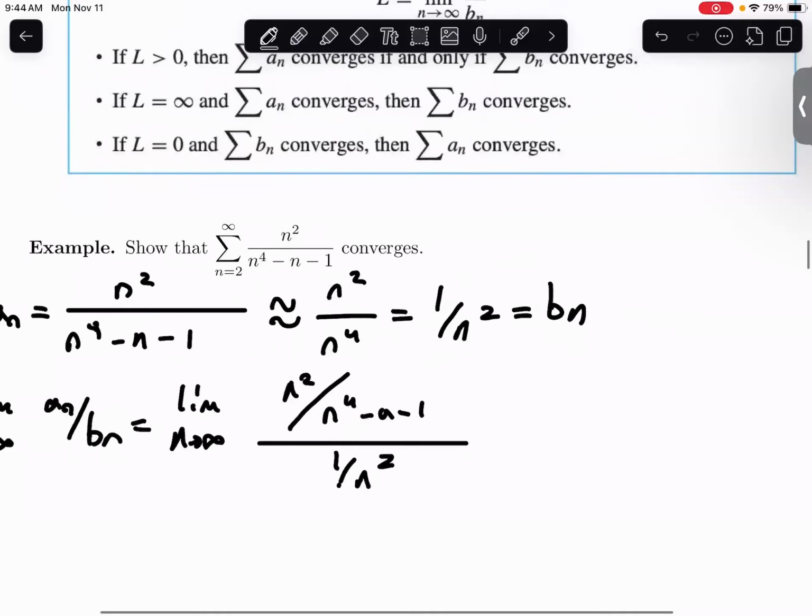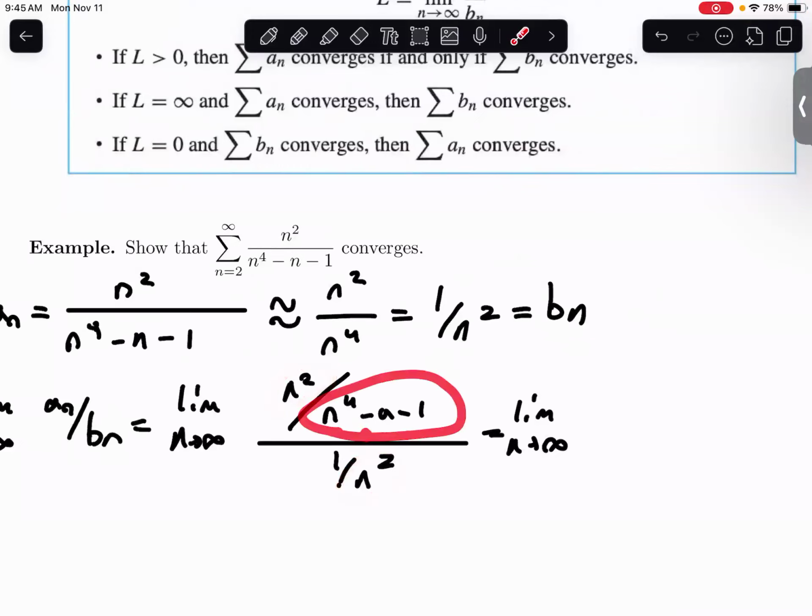Before doing the limit, let's simplify things a little bit. This is the same thing as n squared times n squared over n to the fourth power minus n minus 1 times 1. So this ends up being equal to n to the fourth power over n to the fourth power minus n minus 1.